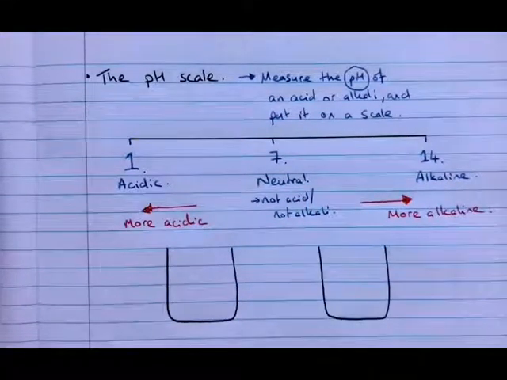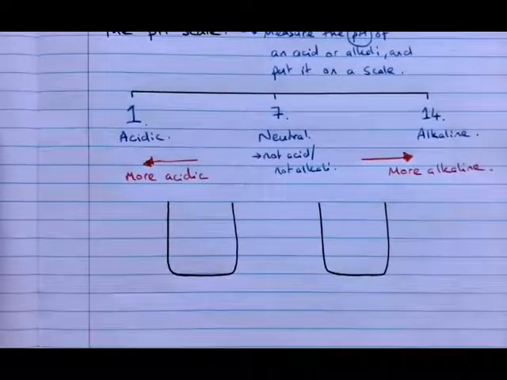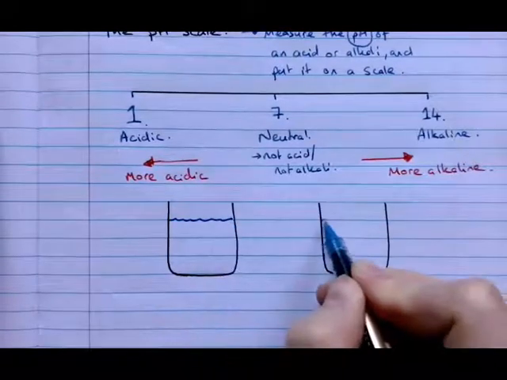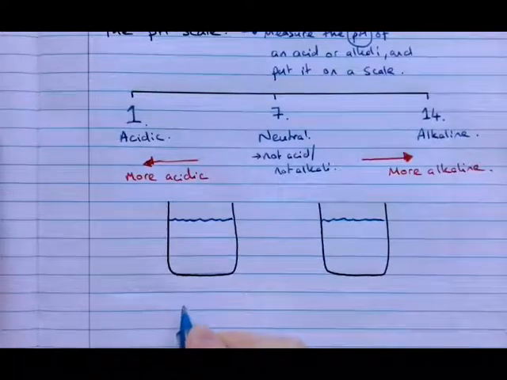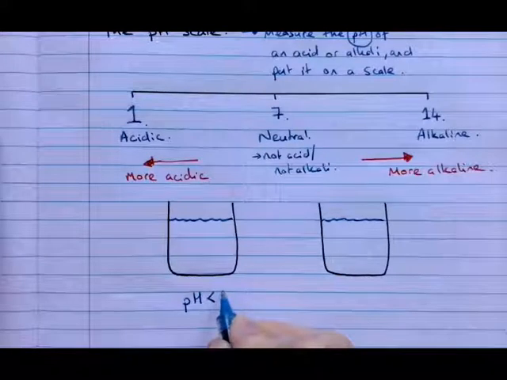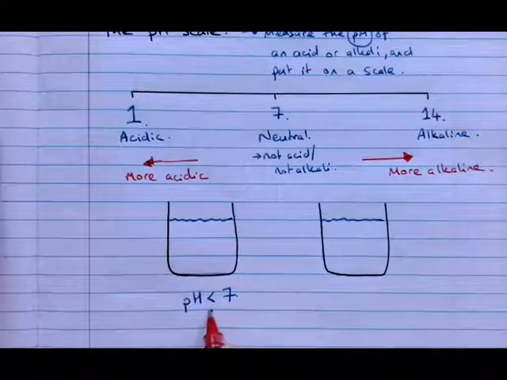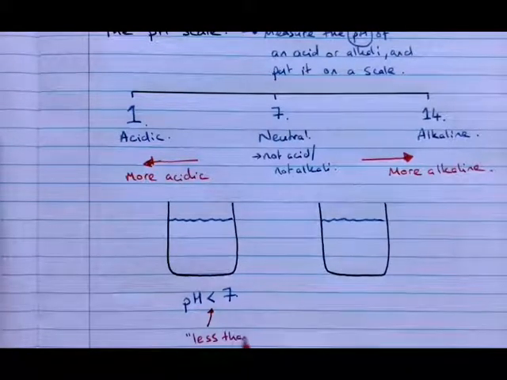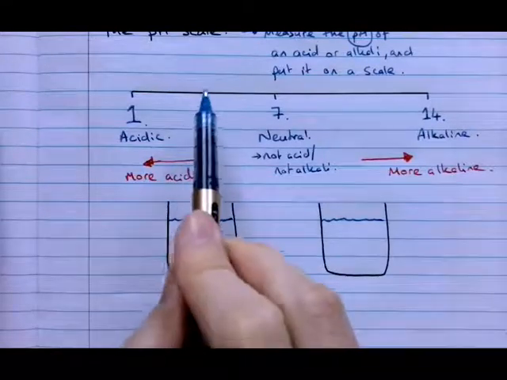Okay, so if we have two solutions here, and I have this solution which has a pH of less than 7, and you should all be familiar with this symbol here, which means less than. If it's got a pH of less than 7, that means that it's this end of the scale.